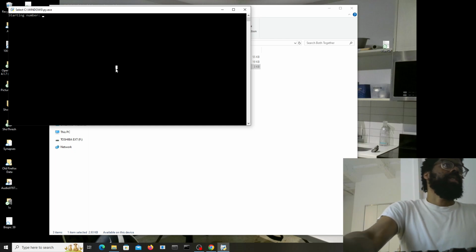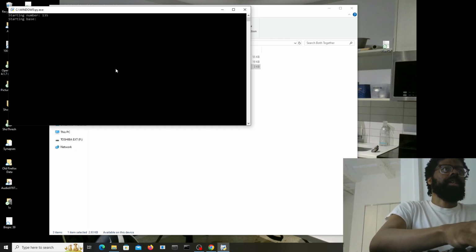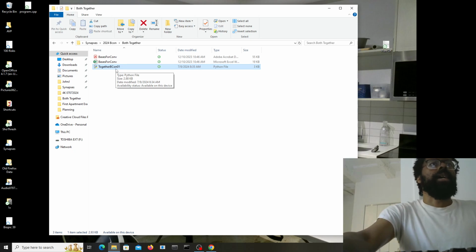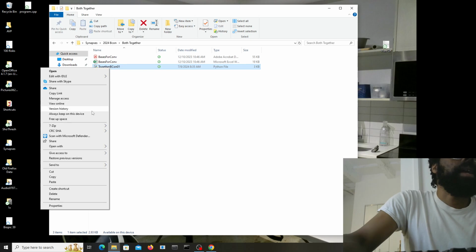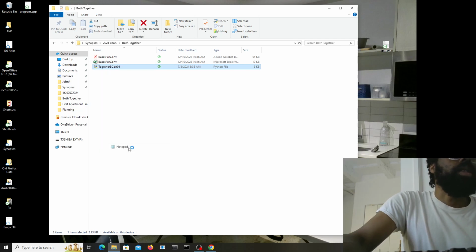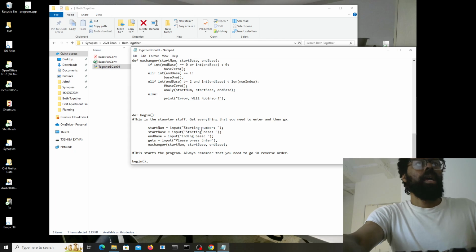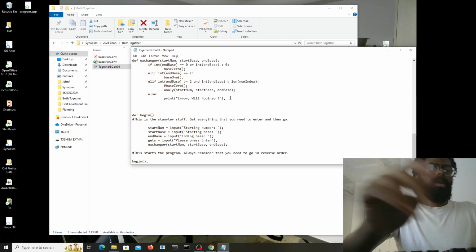And let's load this up. 135, starting base is 10, ending base I'll say 200. All right, so I made a slight mistake. Open with Notepad. So print Error Will.